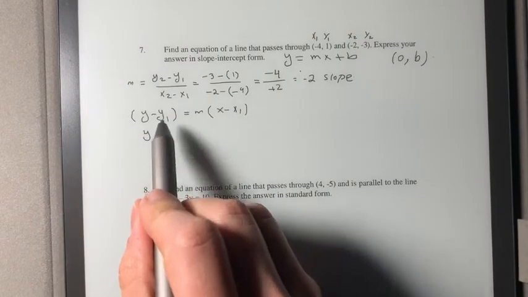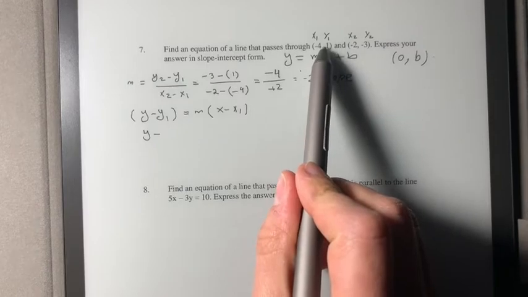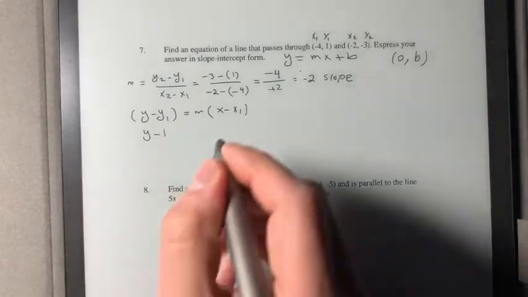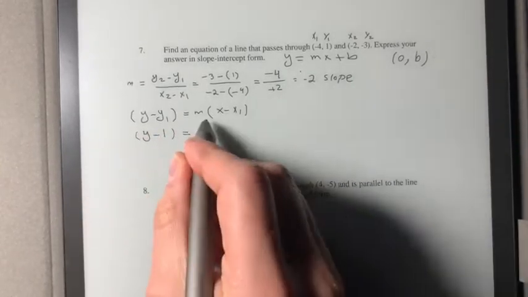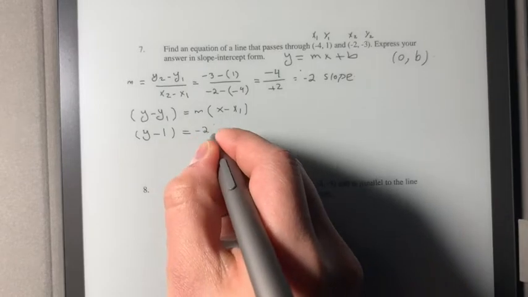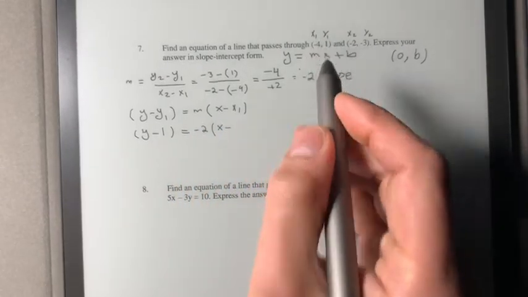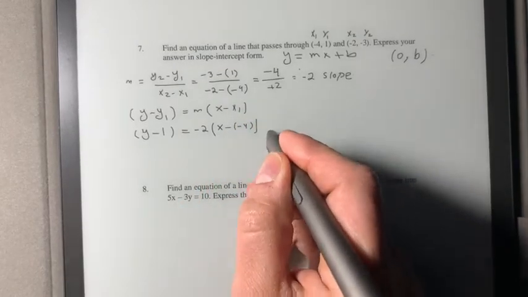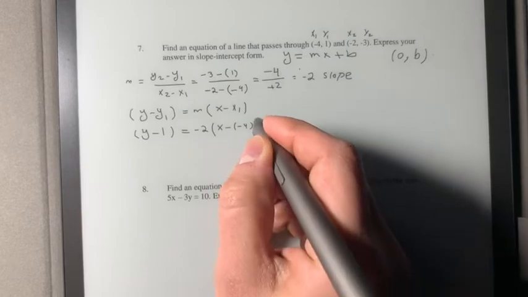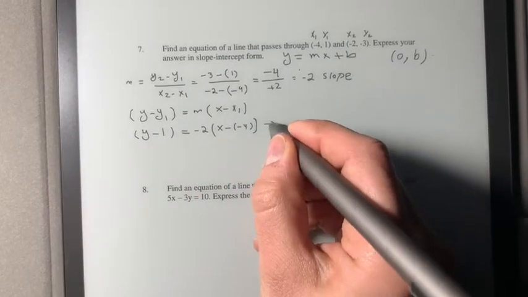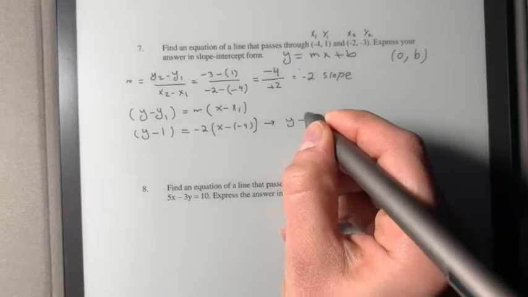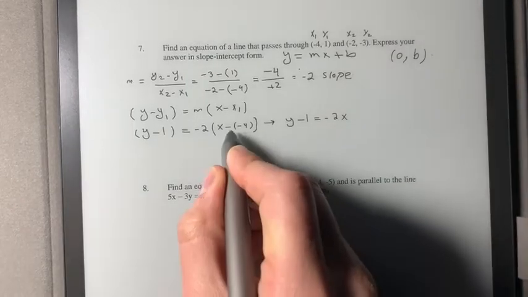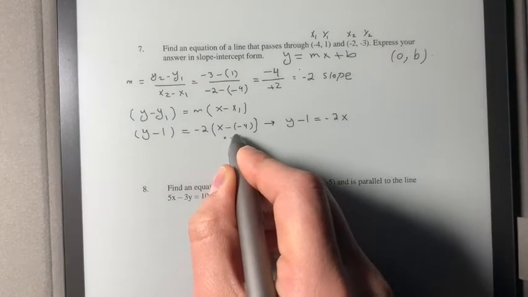So now what is y1? We chose this one as the first point, correct? And as you see, we have y1, x1. So let's write down y minus 1 equal to, we found the slope already to be -2, multiplied by x minus x1, which is -4. So what I have here is y minus 1 equal -2 multiplied by x, and this should be x plus 4, correct?